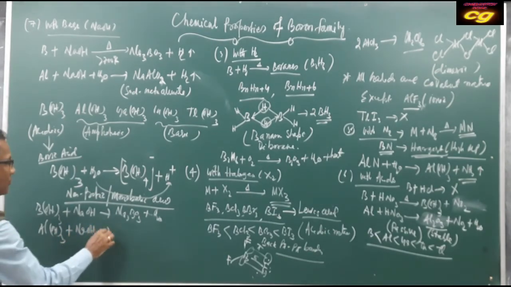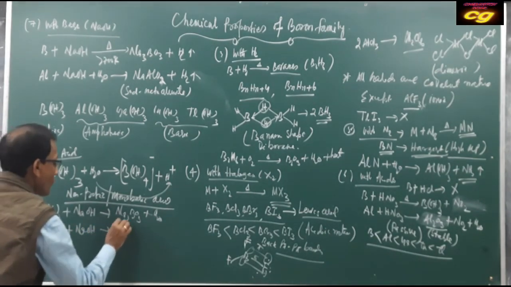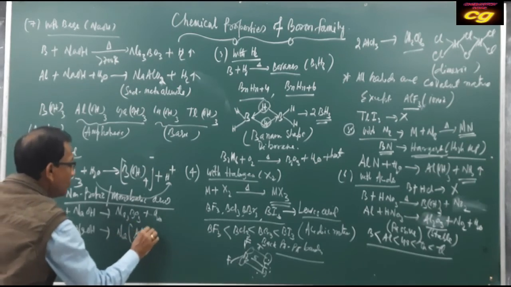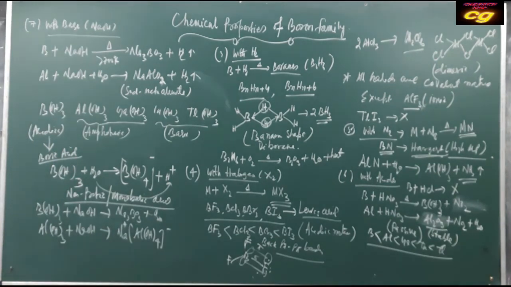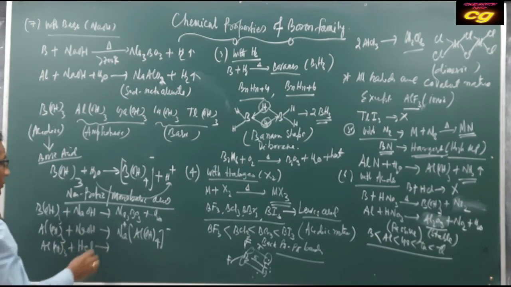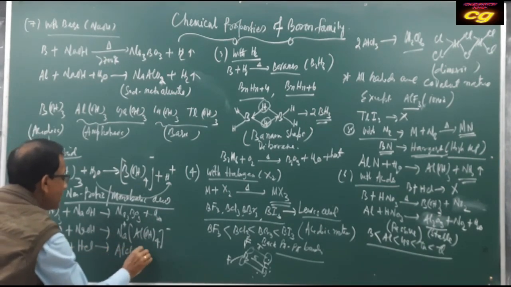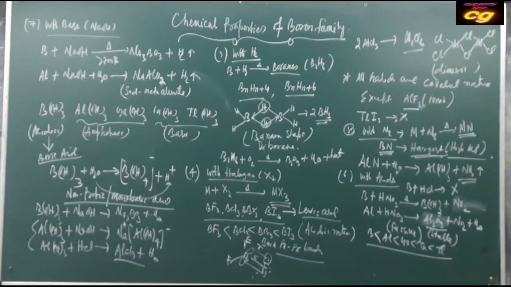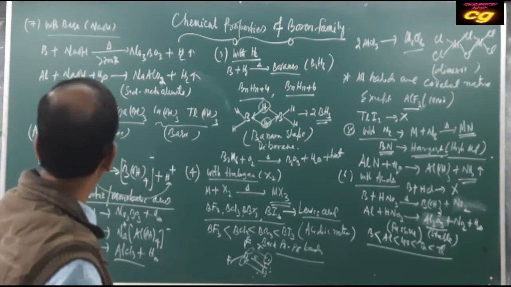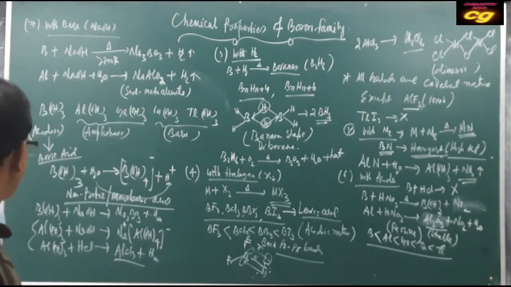With base it produces the complex salt Na[Al(OH)4], and it also reacts with acids, forming aluminum chloride and water. So aluminum hydroxide and oxide behave as amphoteric, reacting with both acid and base, forming salts.